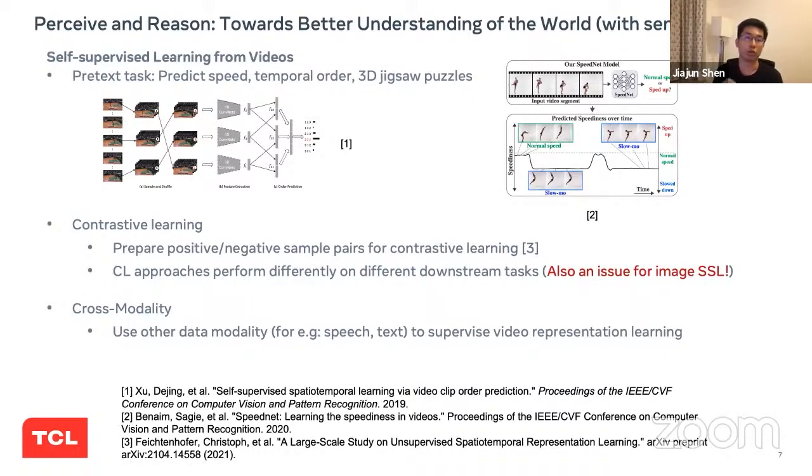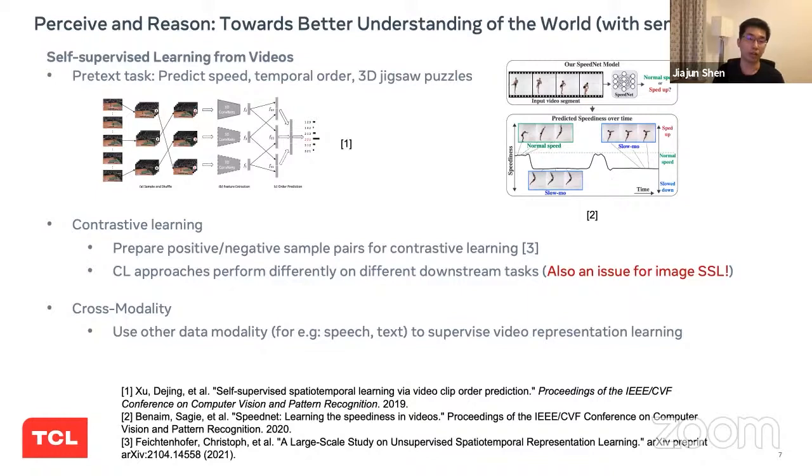And you can also shuffle those short clips, and you want the neural network to predict the temporal order of those different clips. Folks have also tried to borrow ideas from 2D image self-supervised learning. They can do 3D jigsaw puzzles and try to reorder it so that the video actually makes sense.